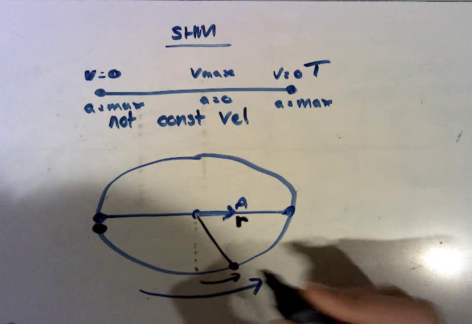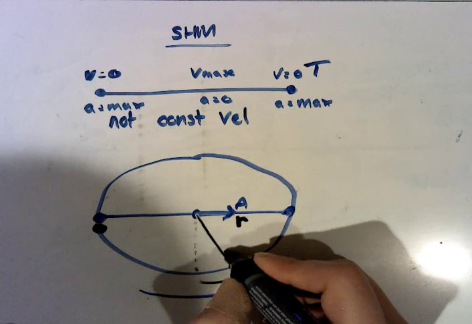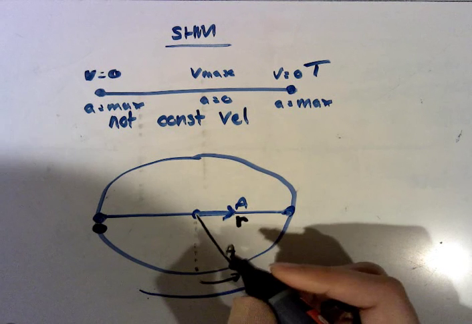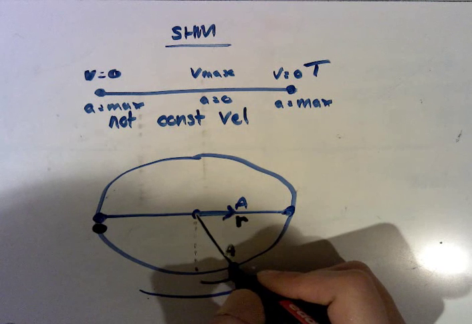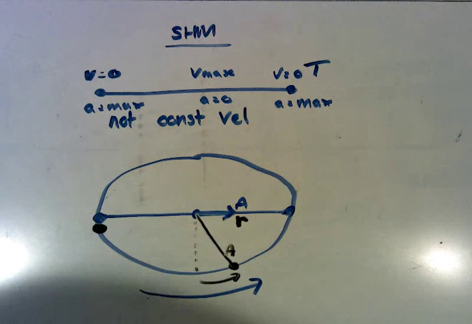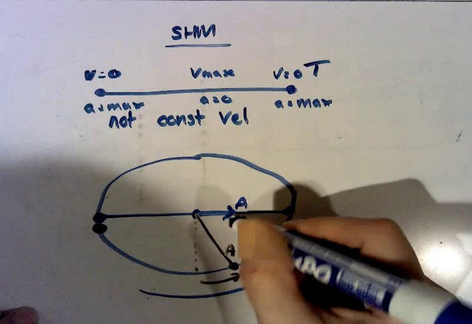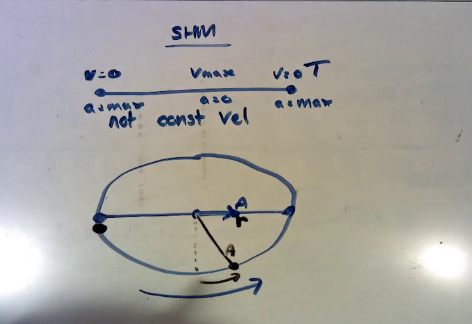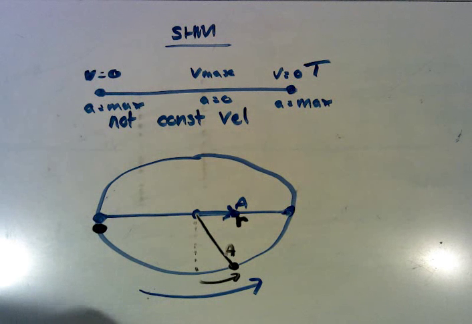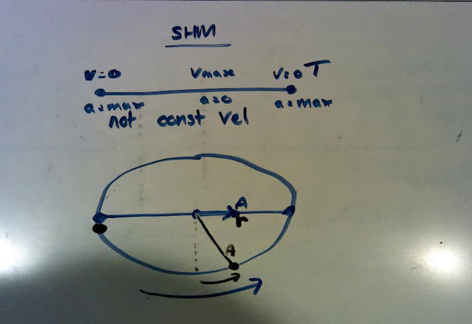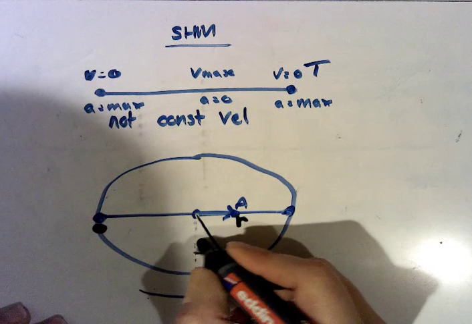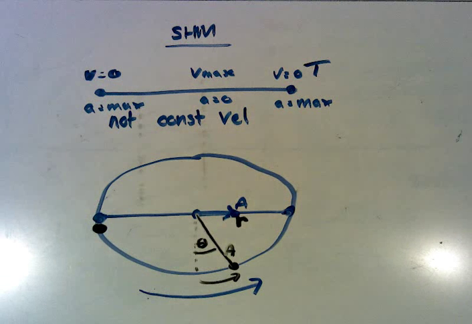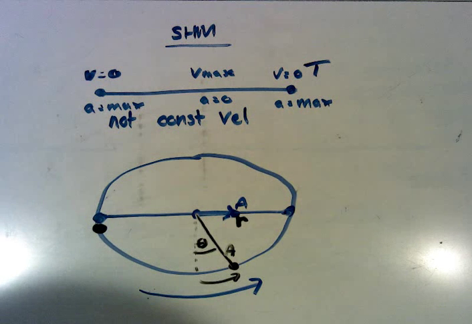So we can use the fact that we know this distance, the radius, is also going to be our amplitude, to work out what angle this has moved through in the same time that this blue spot has moved to this position. And then it's just a case of using some trigonometry and some Pythagoras to work this out. Okay. So we can work out the angle that this is turned through.